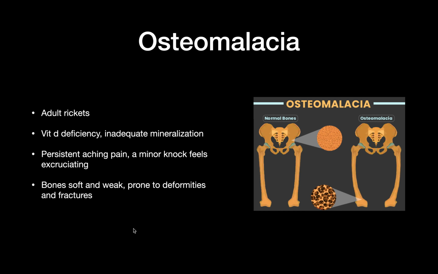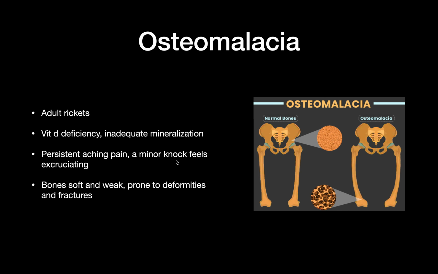Osteomalacia is the adult's version of rickets, and this is more from vitamin D deficiency, either because of their diet or some kind of defect in the genes. But it is inadequate mineralization, and it's characterized by persistent aching pain, and a minor knock feels excruciating.